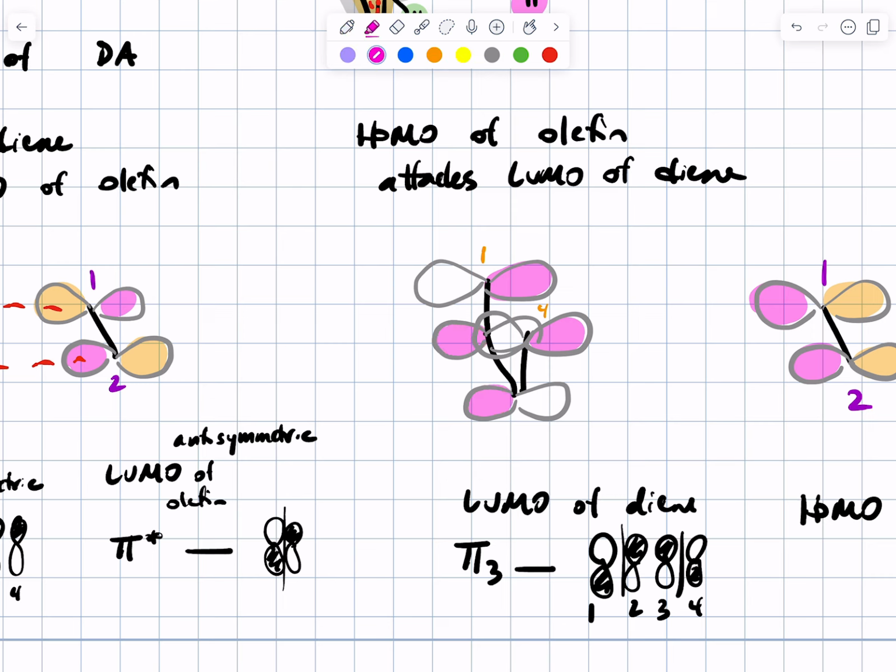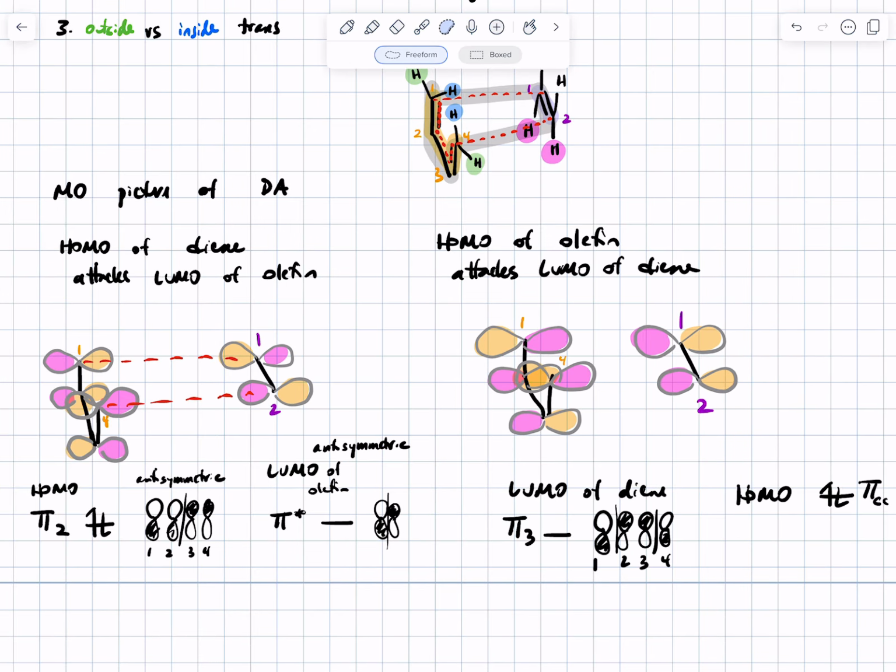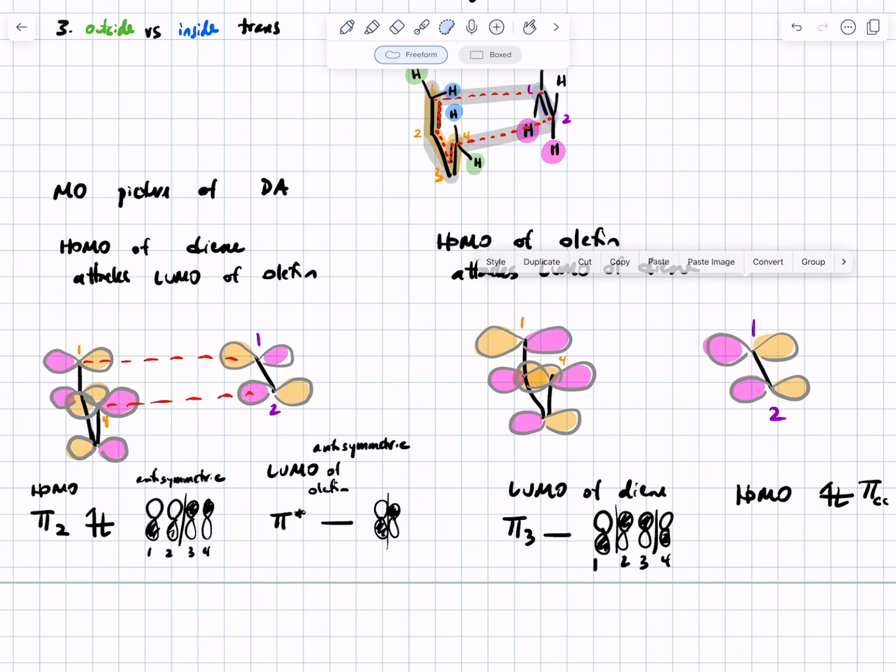And this orbital has two nodes. So when the HOMO of the olefin attacks the LUMO of the diene, again, you have in-phase, correct wave function sign orbital overlap in two places. Okay, that's where the two new sigma bonds come from.